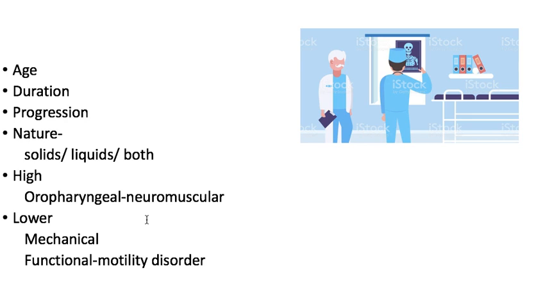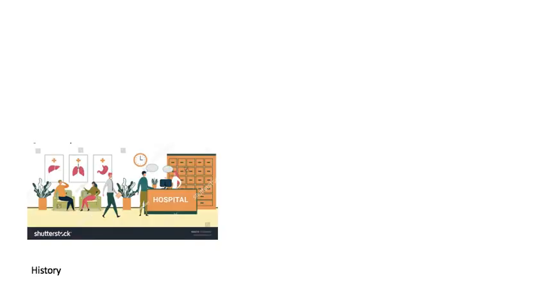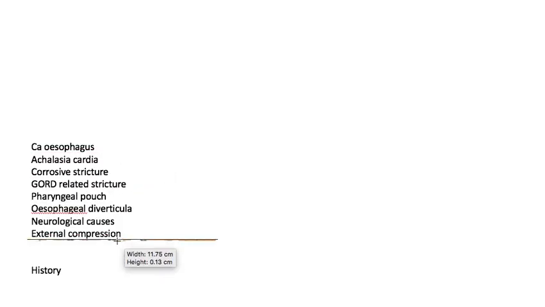Now if they point to a very high point, and also if they say the initiation of the swallowing itself is very difficult, it may be a neuromuscular disorder like a CVA. But if the dysphagia is felt in a lower part, then it's likely to be a mechanical cause, and it could also be something like achalasia.